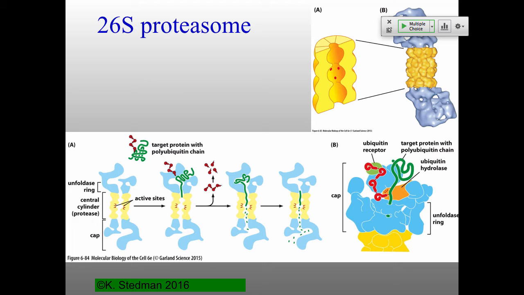But if you've got polyubiquitination, which has happened on a particular protein, that's going to bring the protein to the gatekeeper right here. Then, once it's bound, the ubiquitin is removed, and the protein itself is basically unwound and poked into the garbage disposal where it gets broken down. So there are actually two kinds of proteases here.